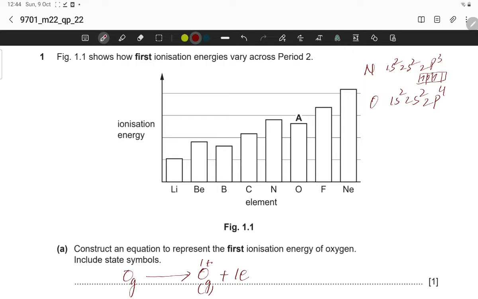So the p shell is half filled, so there is no electron pair repulsion in the 2p3.